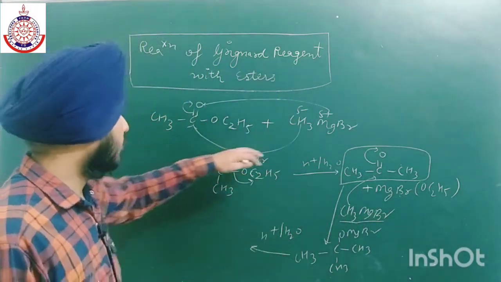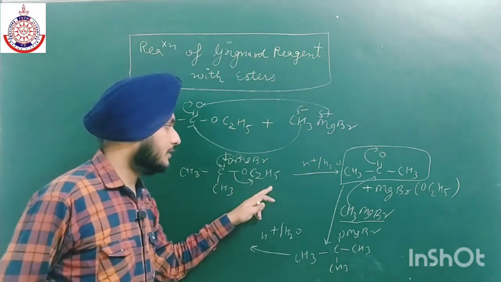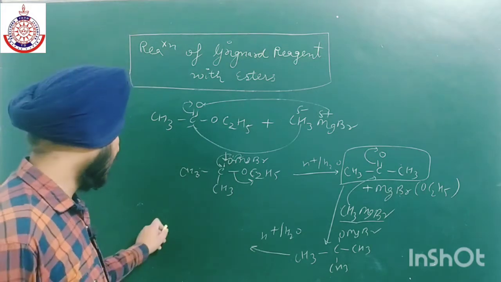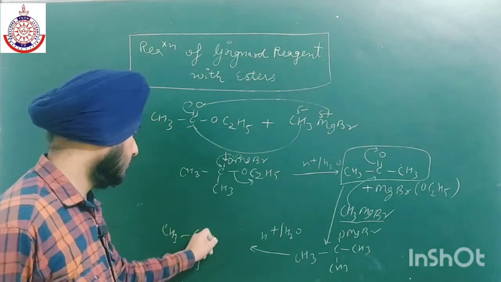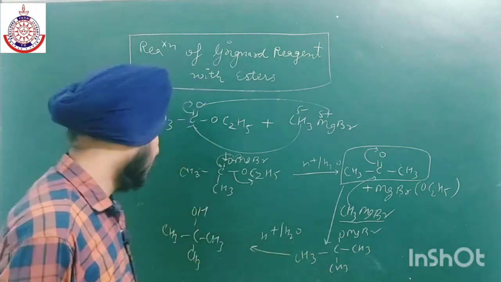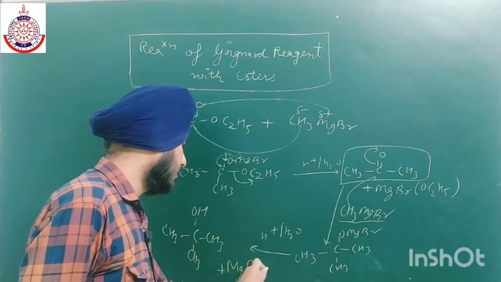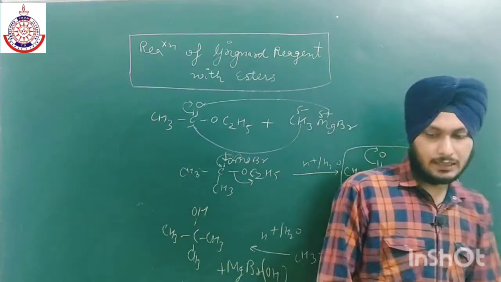Firstly we have to add a molecule of Grignard reagent, and then this OC2H5 will leave. Again we have to add another molecule of Grignard reagent, and we will get a 3 degree alcohol. MgBr and OH will leave together. Okay, so this is the fourth method of preparation of alcohol from Grignard reagent.